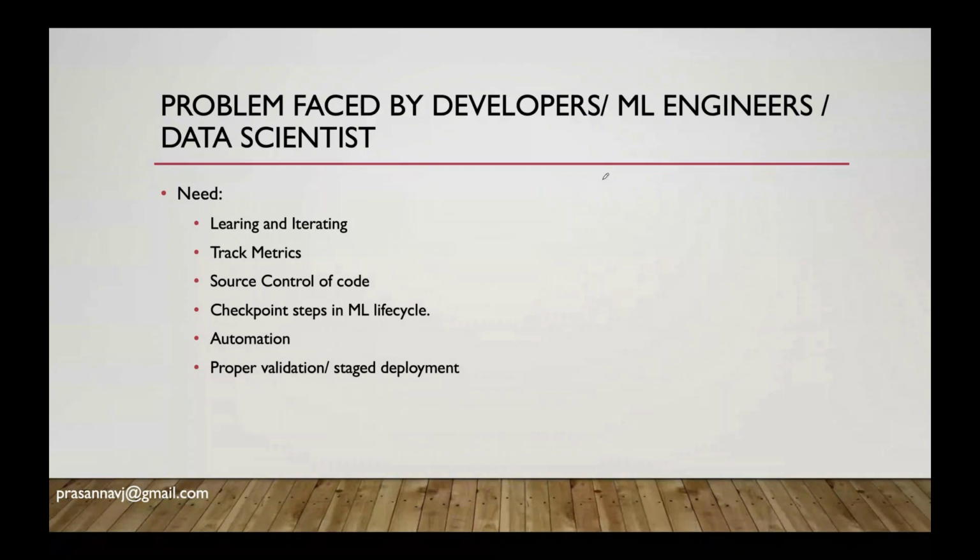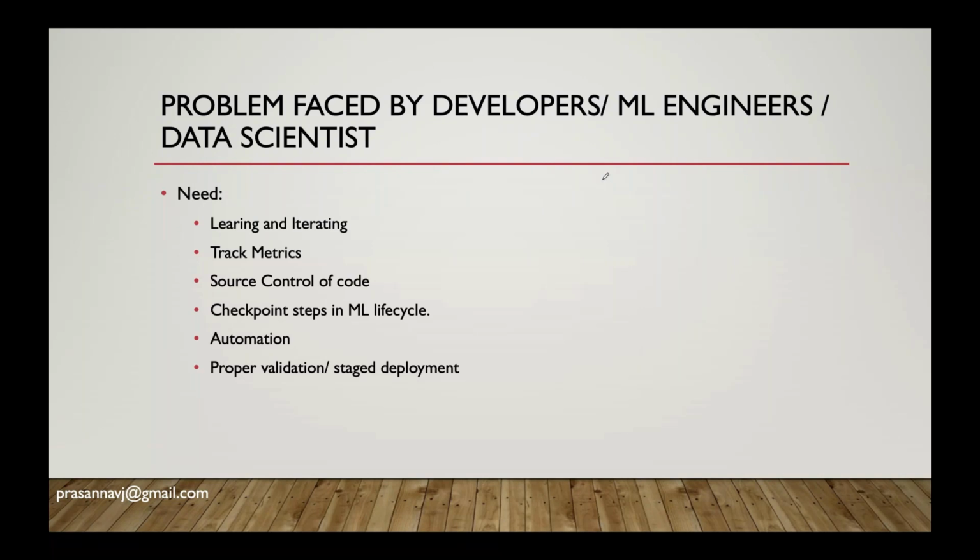This is a very common problem, and you need to keep track of the different experiments that you are doing. On an iterative basis, you should have a logging mechanism in place so that all the iterations you are doing are properly logged, and you should be able to go back and search which is the best hyperparameter among the 100 different experiments that I have done.